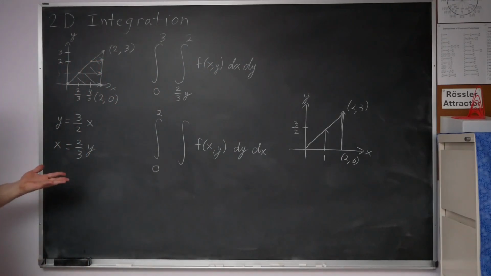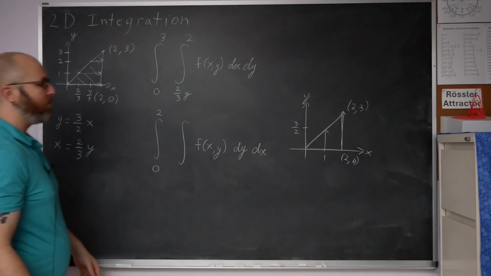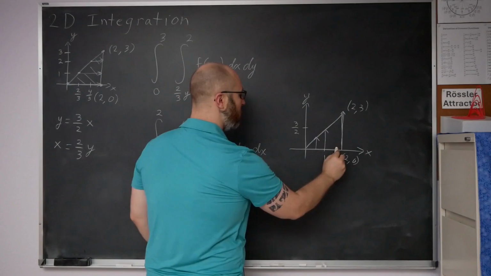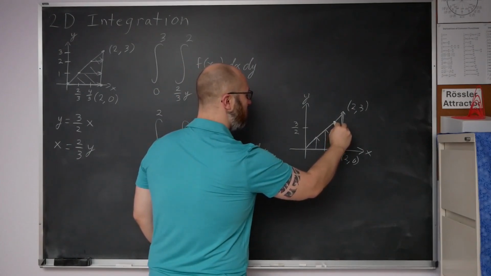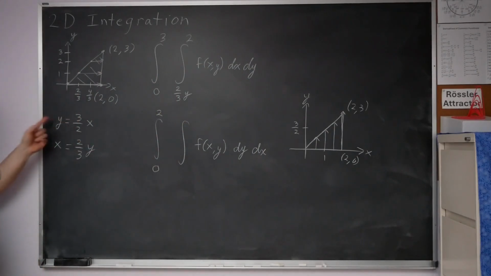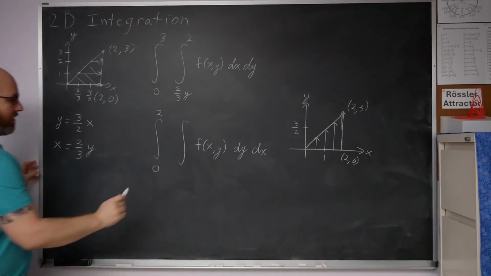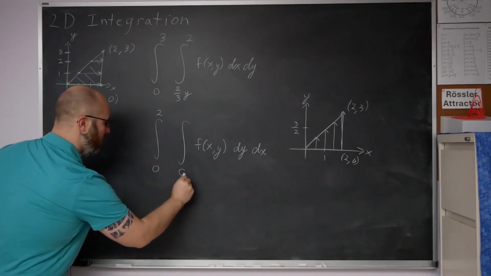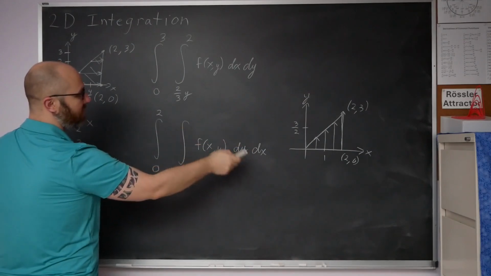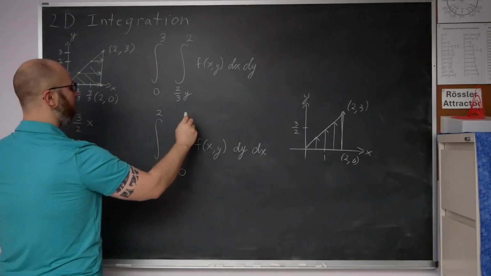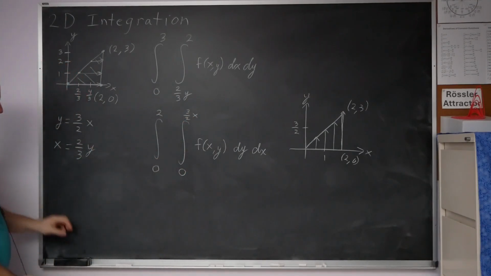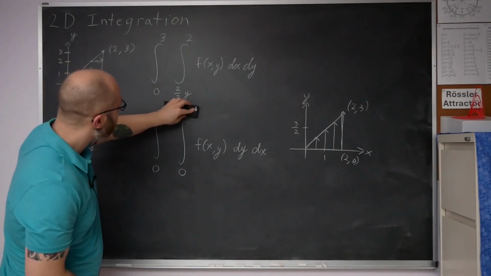So it looks like no matter where we start in x, we go from y equals 0 up to y equals the function of that line, y equals 3 halves x. Y always starts at 0 no matter what x is, but then depending on what x is, it's going to go to different heights, and it's going to be 3 halves x. Let me write that a little bigger here.